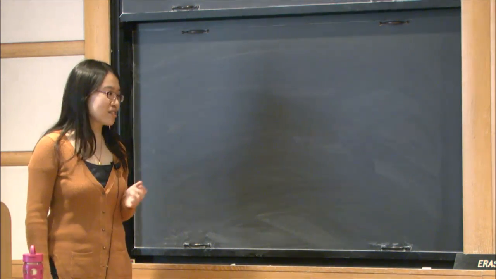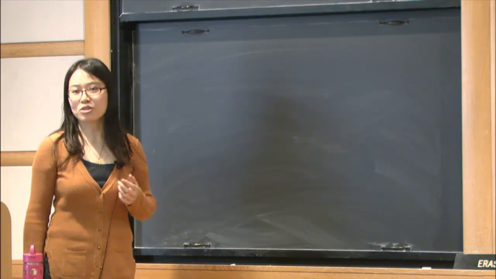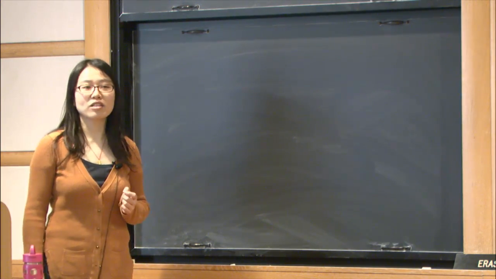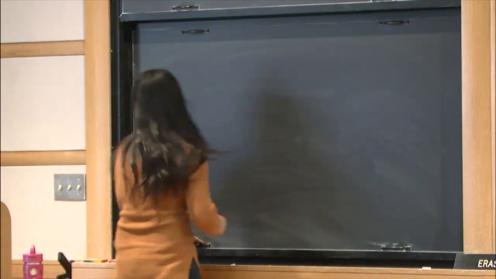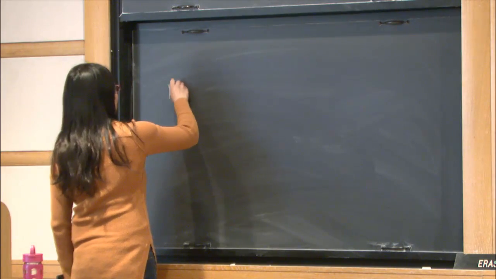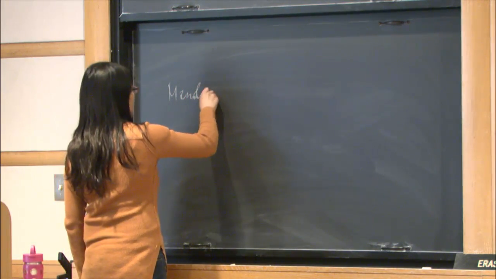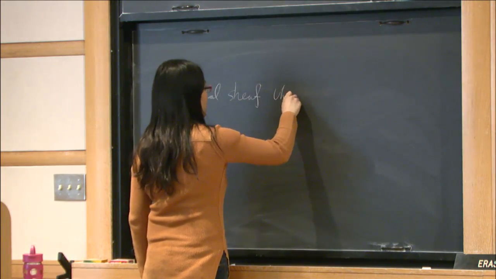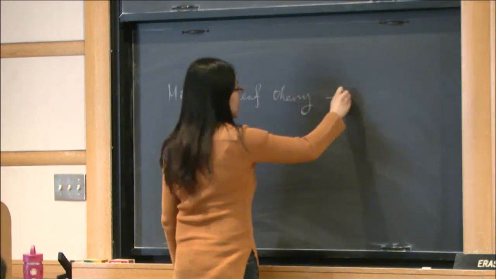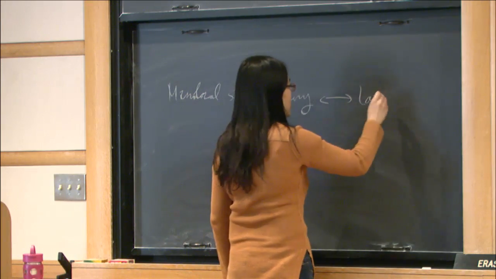So as the title indicates, this talk will center around microlocal sheaf theoretic approach to symplectic topology, especially for Lagrangian intersection theory. So there have been many interesting results connecting microlocal sheaf theory with the Lagrangian intersection theory.